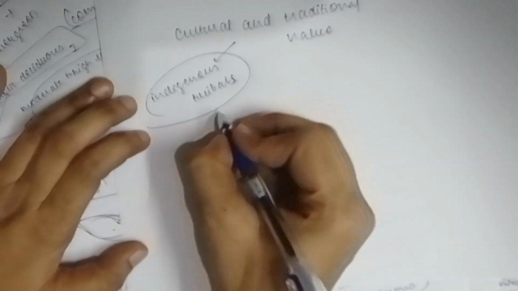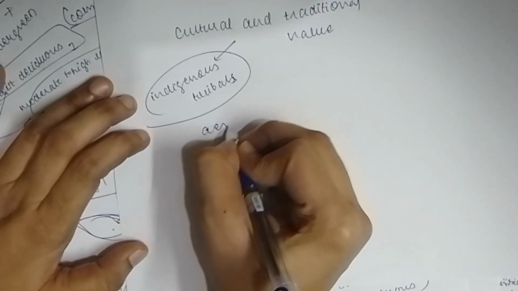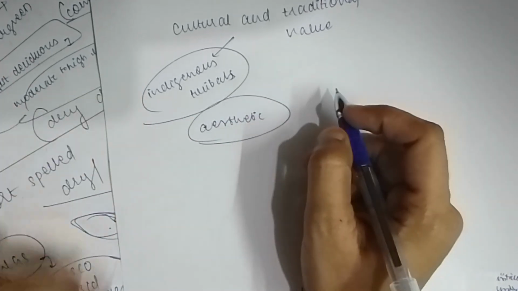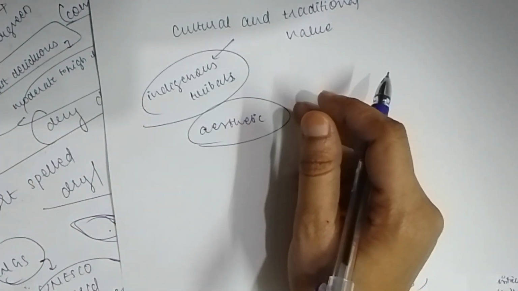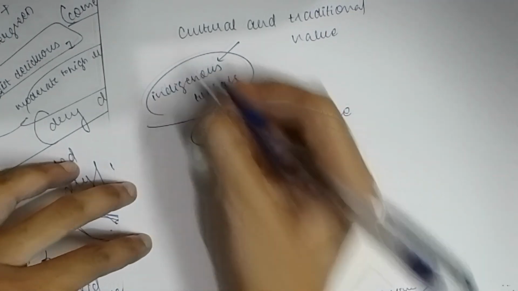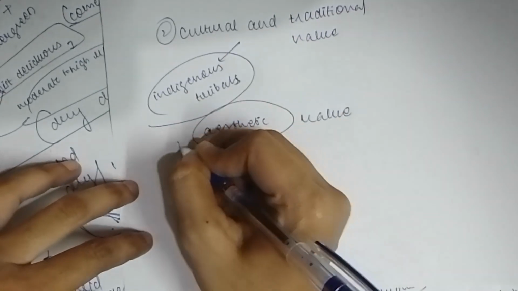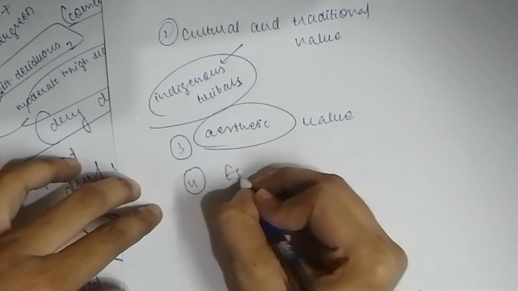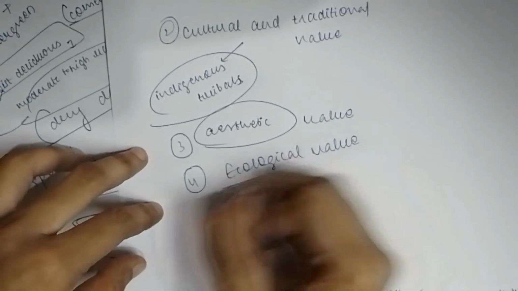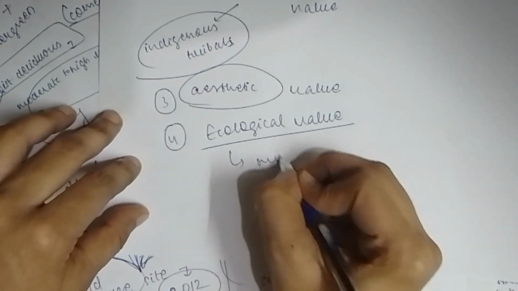And then with regards to the aesthetic value also, it is very significant: the landscapes, the lush greenery, all of it, the deep valleys present an aesthetic value. And also they provide ecological value in terms of monsoon patterns.